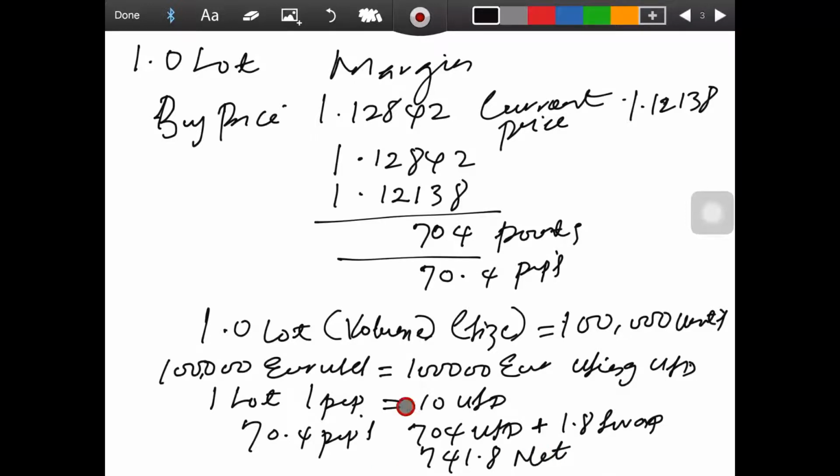We said the buy price is 1.12842, and you need 100,000 units. So let's calculate the margin. If the exchange rate of the buy price is 1.12842, you need 100,000 units of the euro.